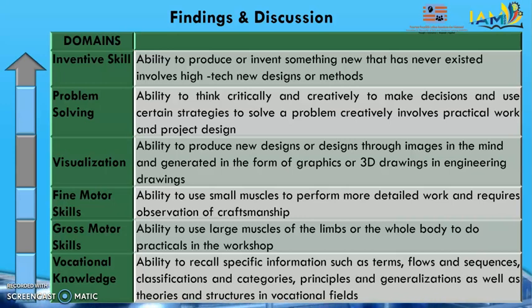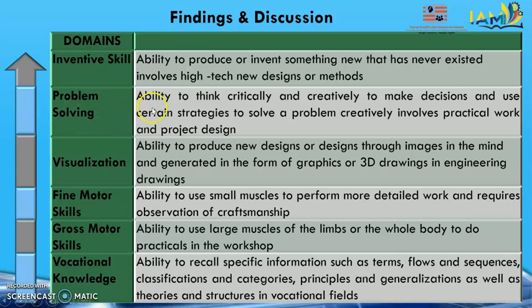From the domains of the vocational taxonomy, we hope that our students will develop the following. Inventive skill: the ability to produce or invent something new that has never existed, involving high-tech new designs or methods.